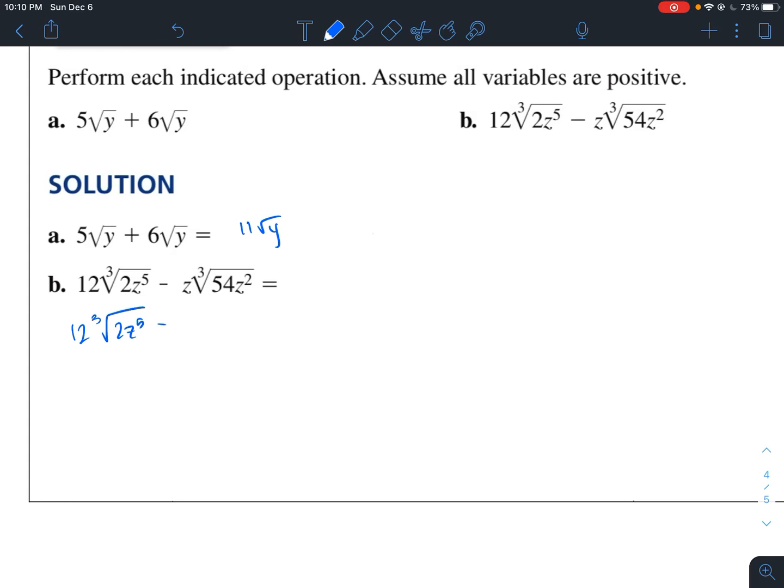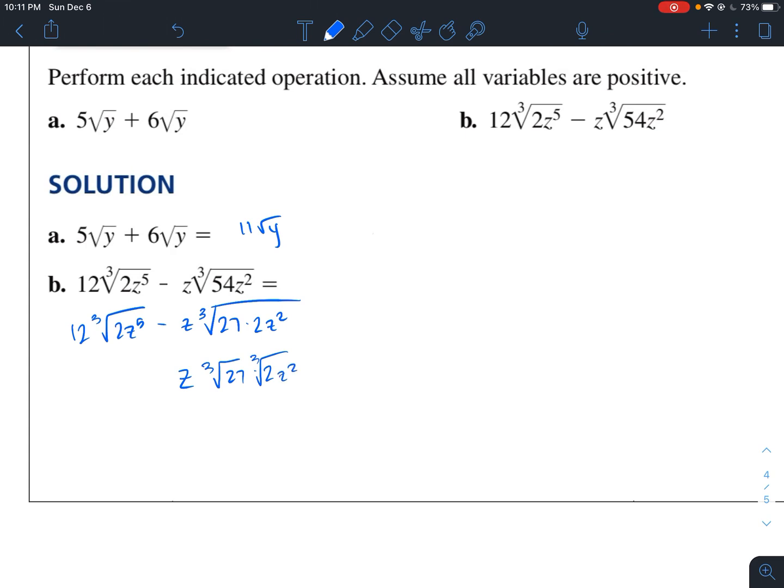Now what I want to do here, so I have z times the third root of 27 times 2z squared. Basically I'm just splitting up this 54. So this now becomes z third root of 27 times 2 third root of 2z squared.